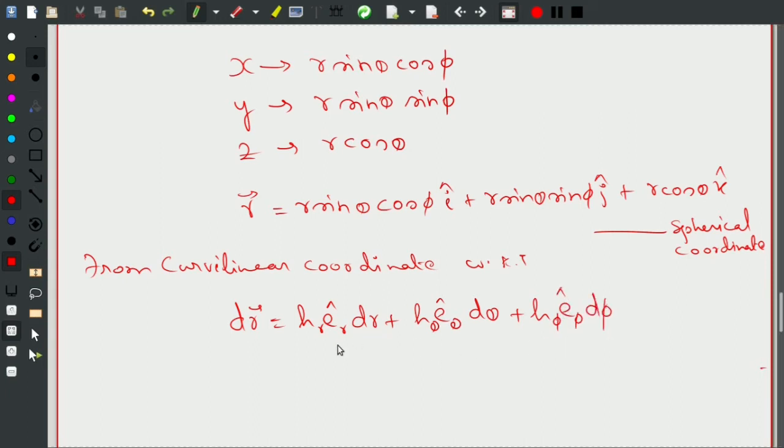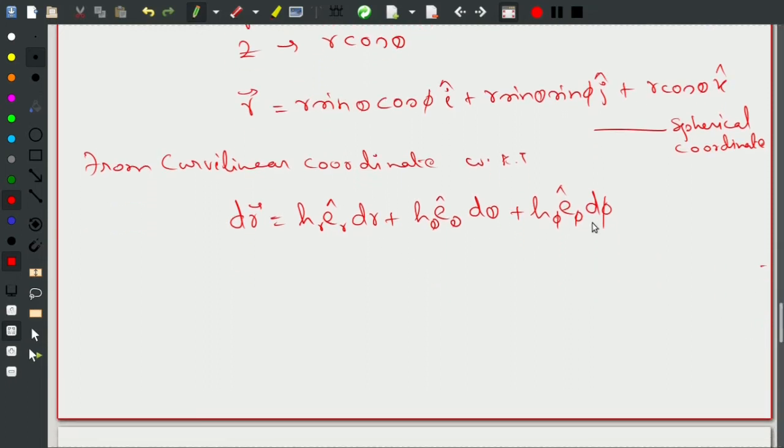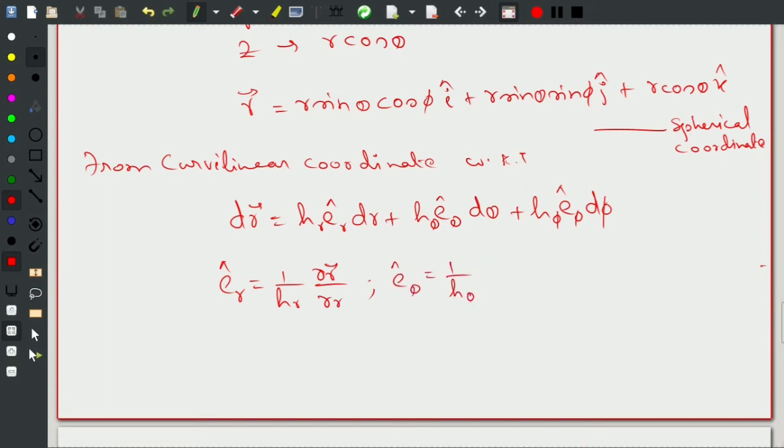Since our axes are r, theta and phi in spherical coordinates. Also we know that e_r cap equals 1 by h_r dou r vector divided by dou r, e_theta cap equals 1 by h_theta dou r vector divided by dou theta, and e_phi cap equals 1 by h_phi dou r vector divided by dou phi, right?